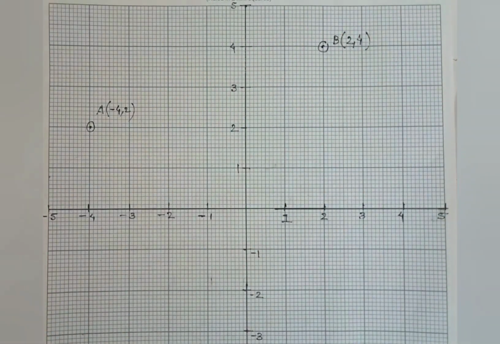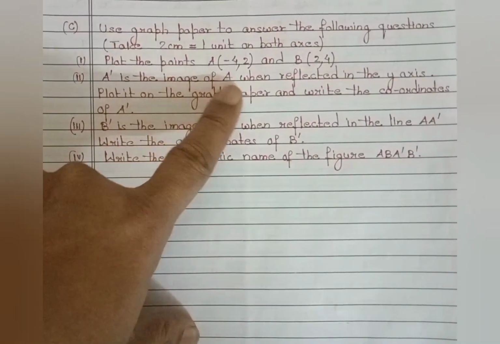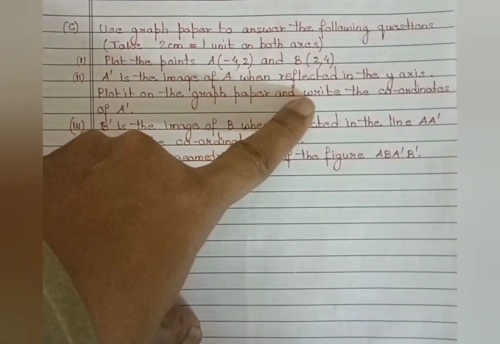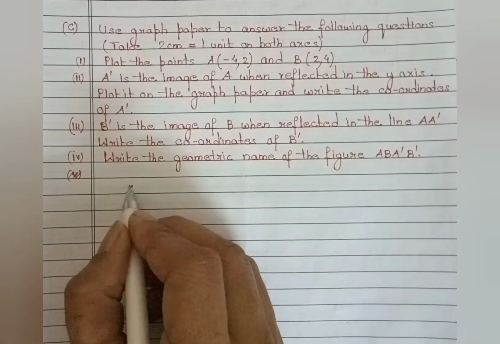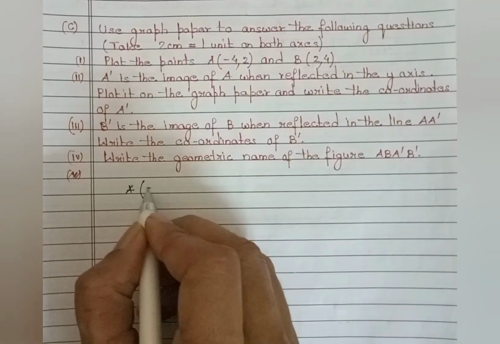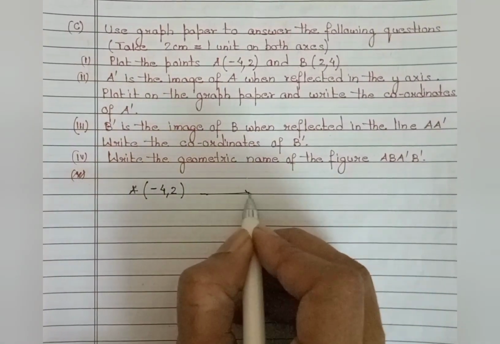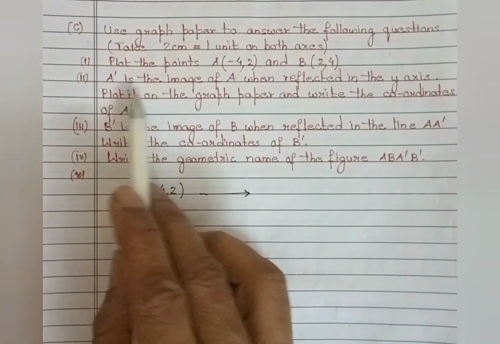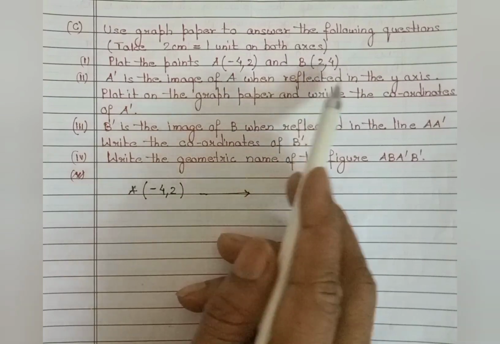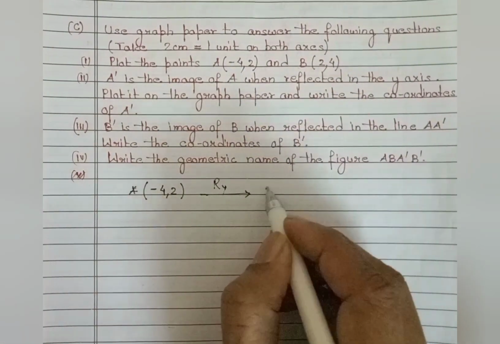Okay, after plotting A and B, the question says A dash is the image of A when reflected in the y-axis. Now we have A, minus 4 comma 2, and according to the question, A dash is the image of A when reflected in the y-axis.